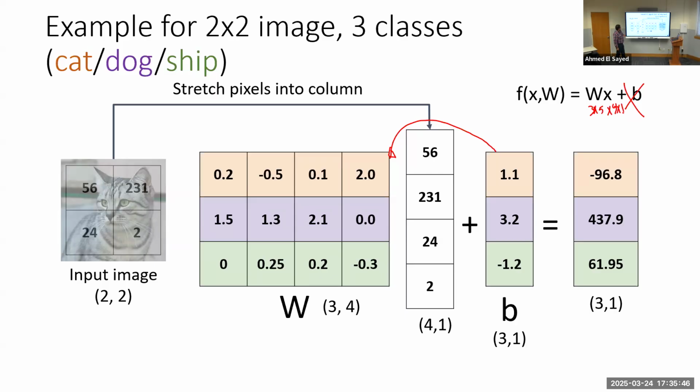Actually, no, you can't, because of the dimension mismatch. This one should match with this, since this is matrix multiplication. So I can do this trick, but with one condition: I add an extra element, so this one will be 5 by 1. And we can do this.